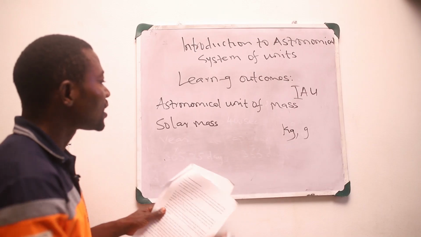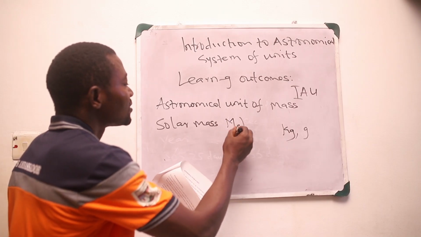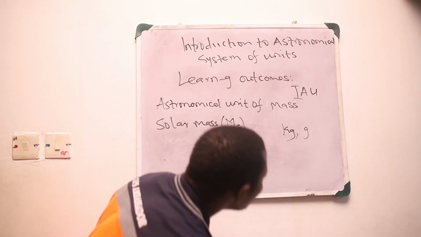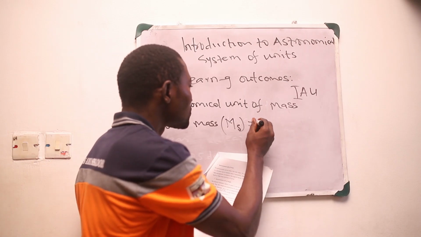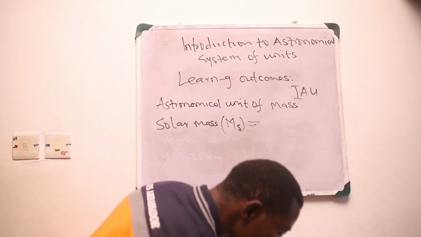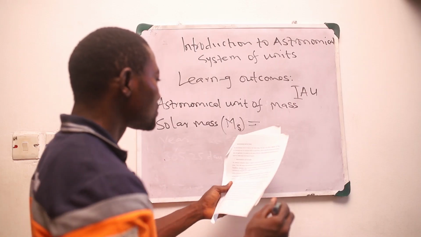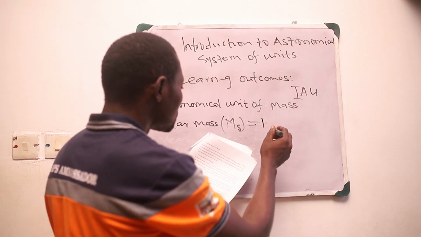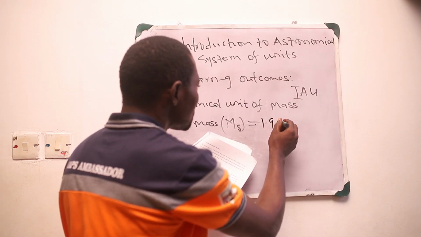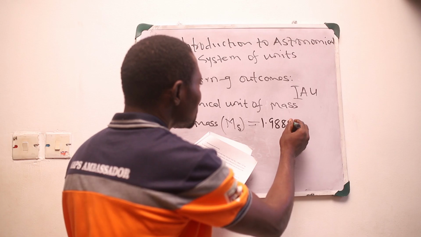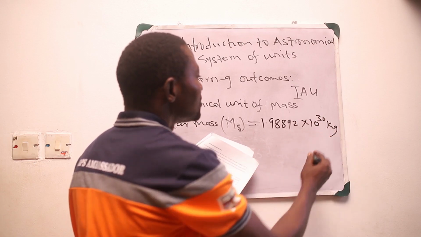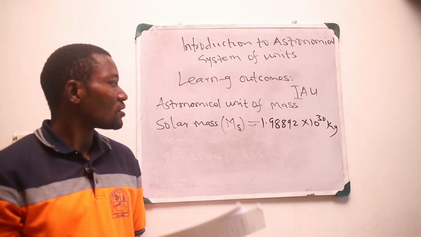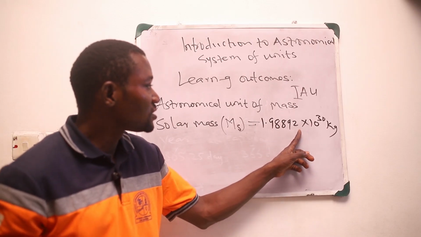We use the solar mass expressed as this. And one solar mass is equal to 1 times 10 raised to power 30 kilogram. We see how much it is.